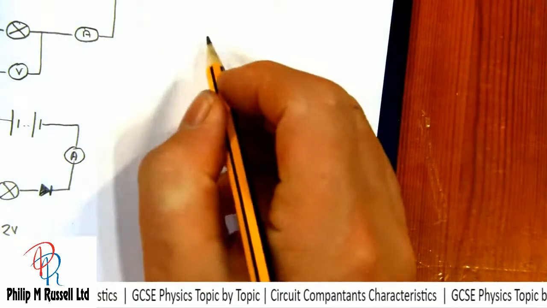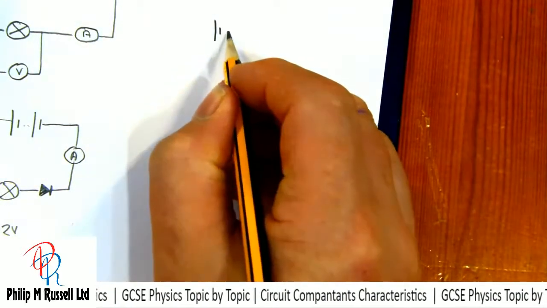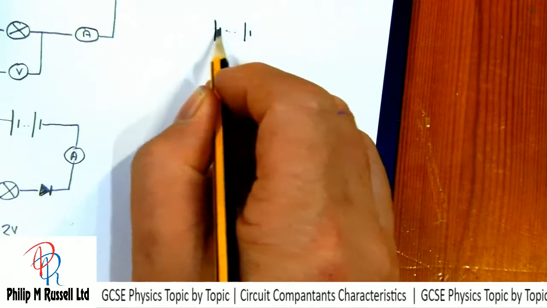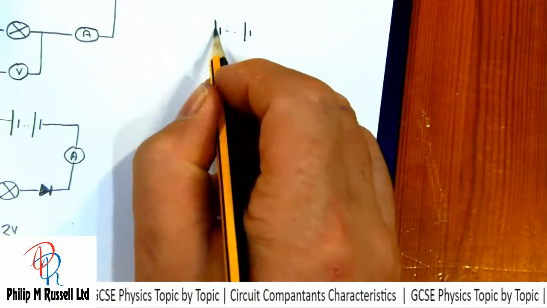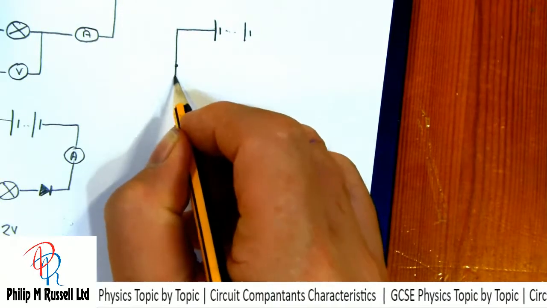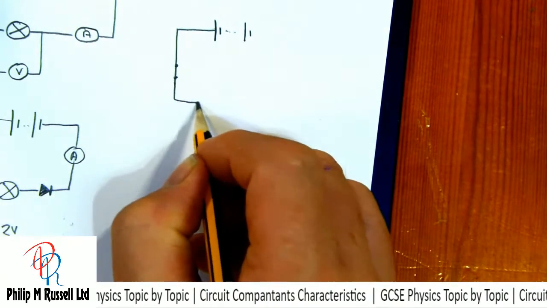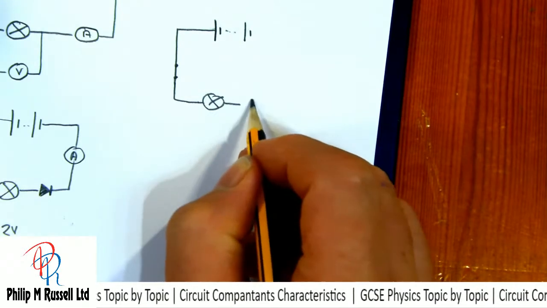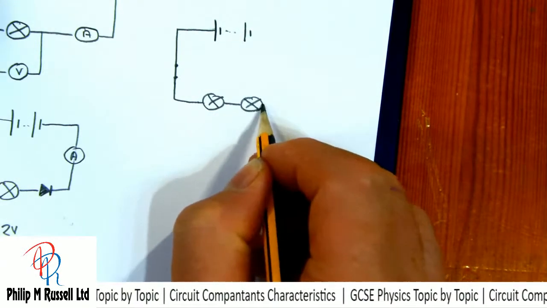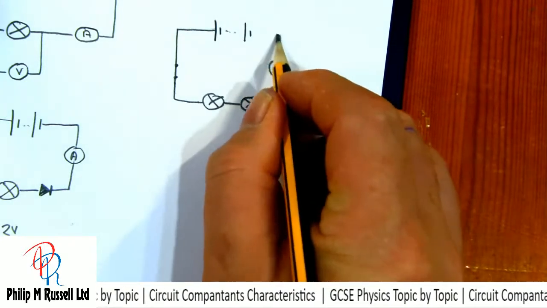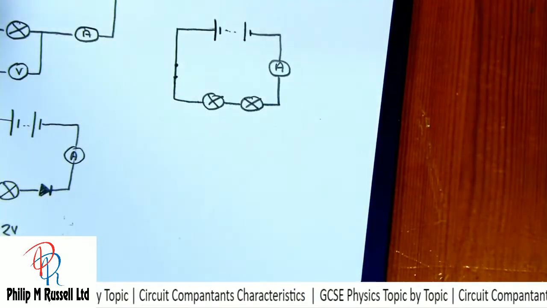This circuit then consists of our two cells. We're going to the switch, we're going to a bulb, a second bulb, to the ammeter, and back again. So there's our circuit.